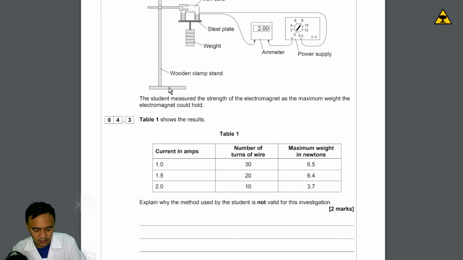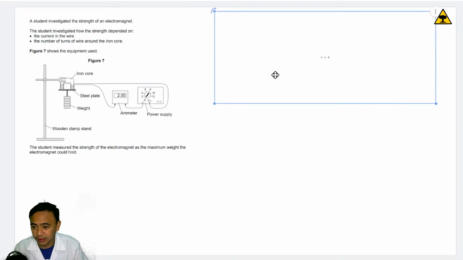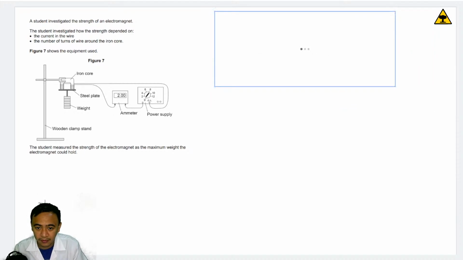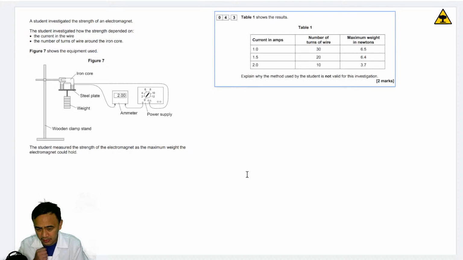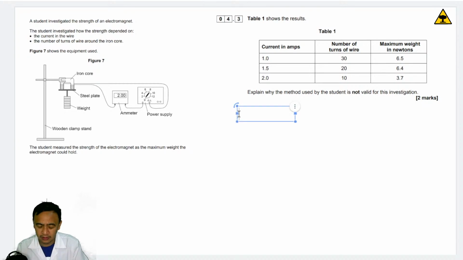Because they changed two independent variables at the same time. Correct. Two independent variables are being changed, so therefore, you cannot possibly know the effect of one of the independent variables or the other.